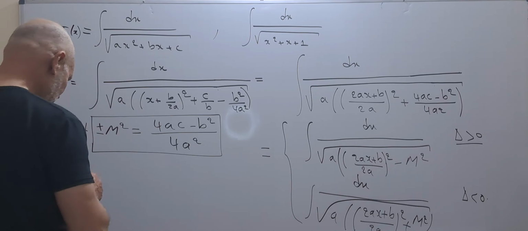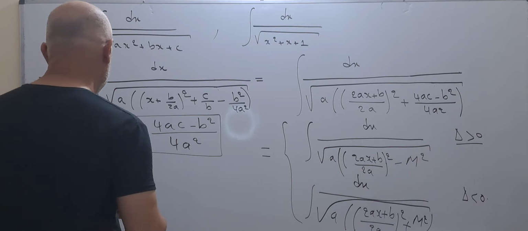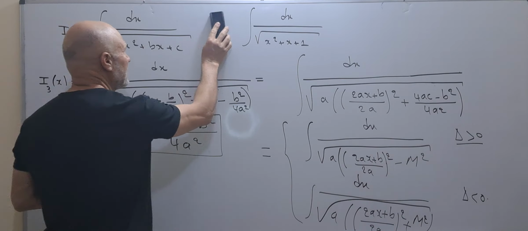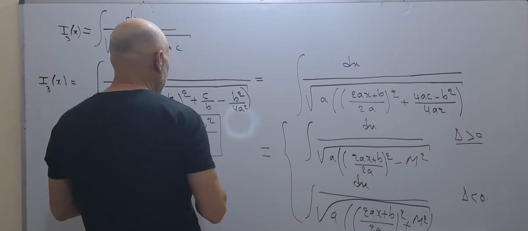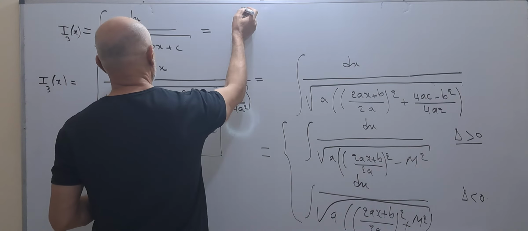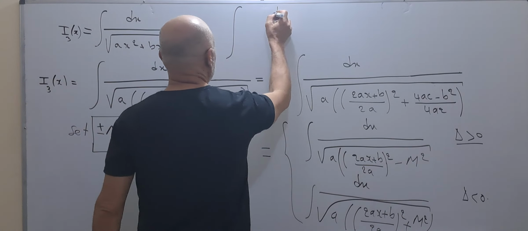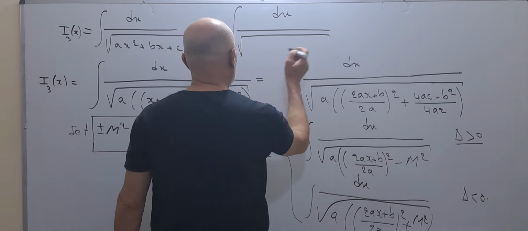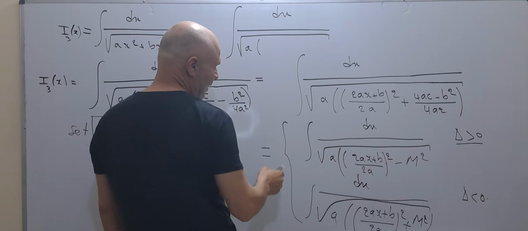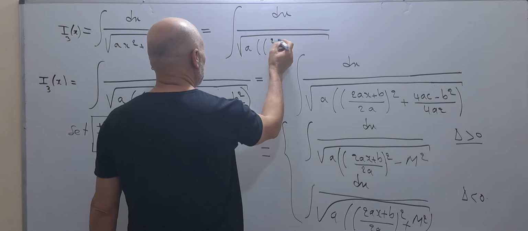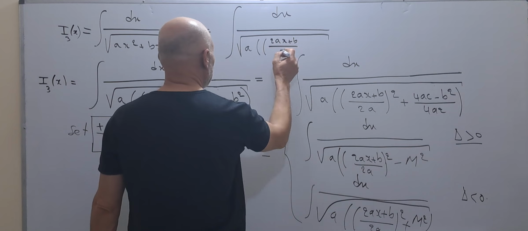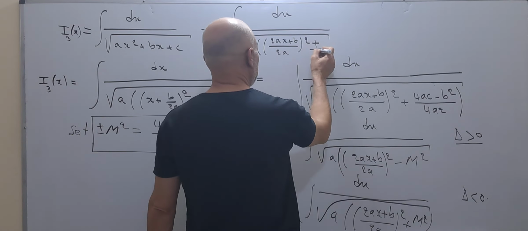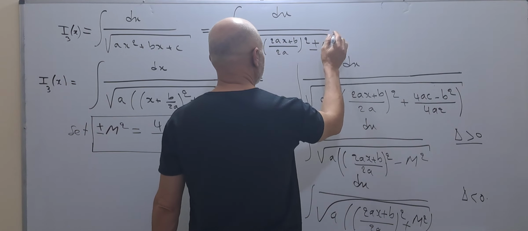So we can summarize this by writing this under this form. So this is equal to the integral dx over the square root of a times the brace, x plus b over 2a squared, plus or minus m squared.